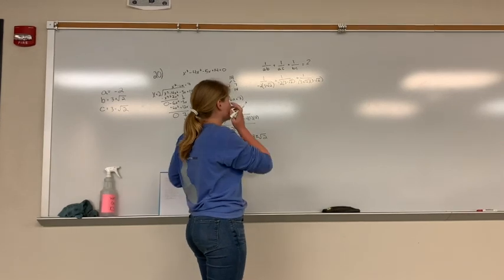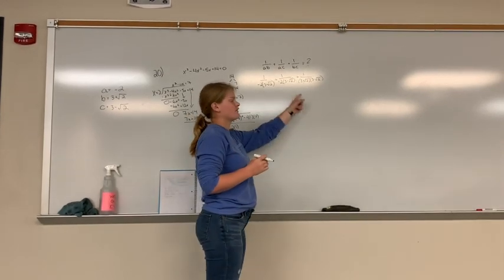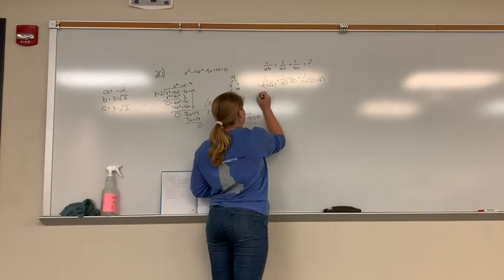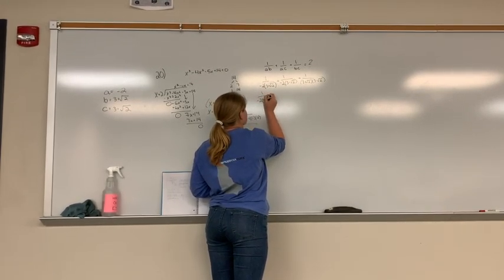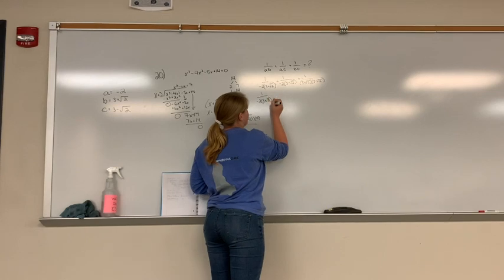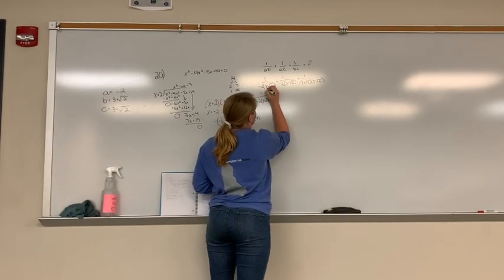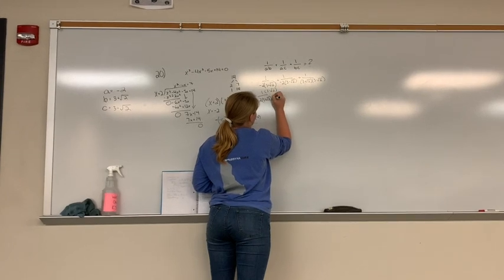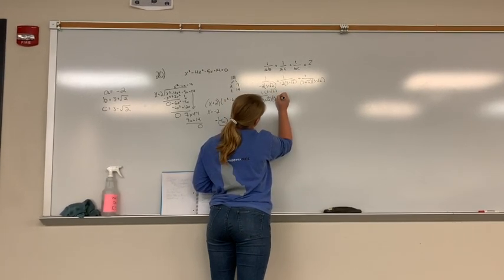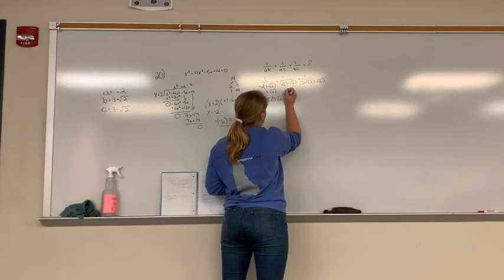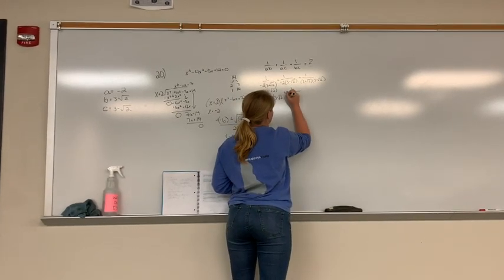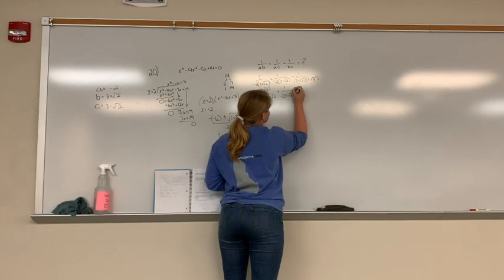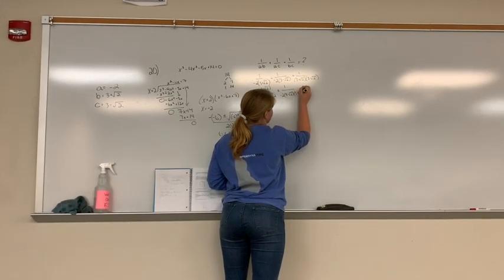You want to make all of the denominators equal. So you take 1 over negative 2 times 3 plus the square root of 2, and multiply 3 minus the square root of 2 on top and bottom. Then plus 1 over negative 2 times 3 minus the square root of 2, multiplying top and bottom by 3 plus the square root of 2.